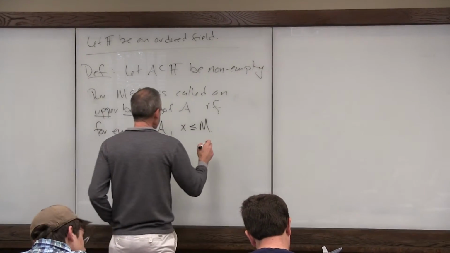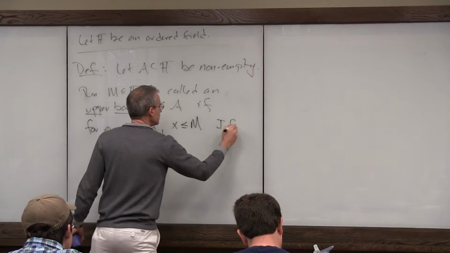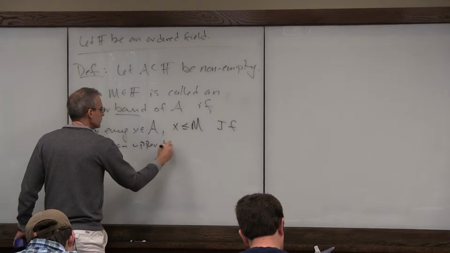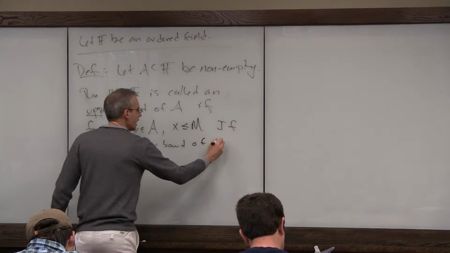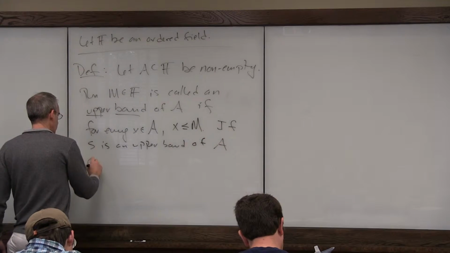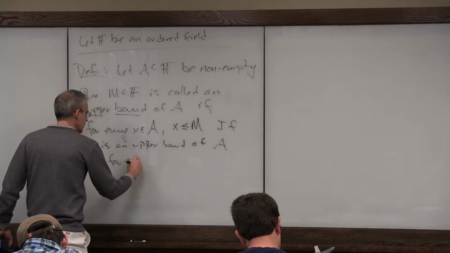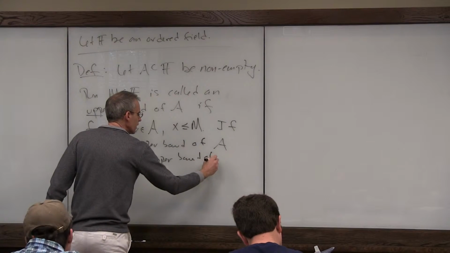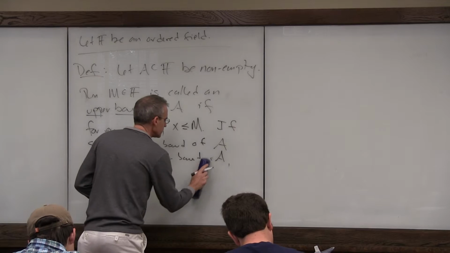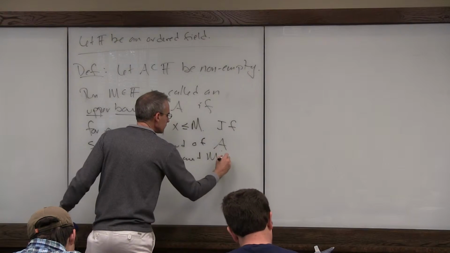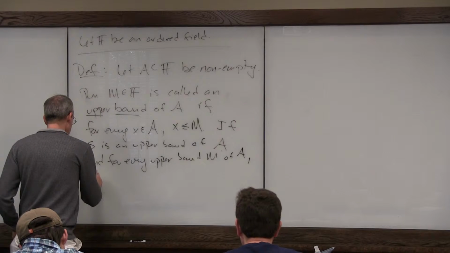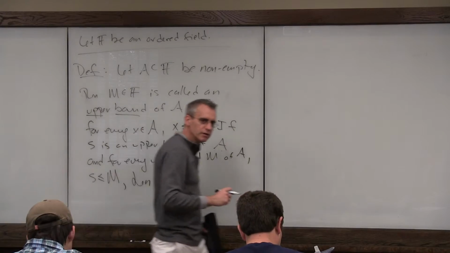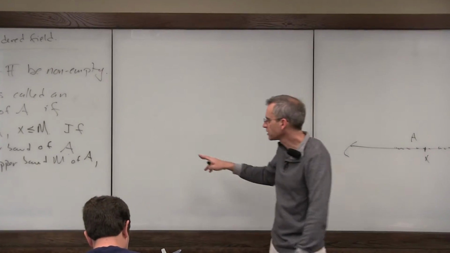So if S is an upper bound of A, and for every upper bound M of A, S is less than or equal to M, then, okay, so you learned at some point, probably you've heard the words, you learned what something like this is called.